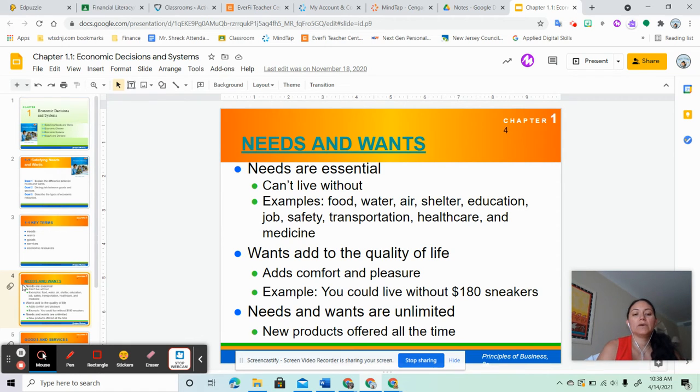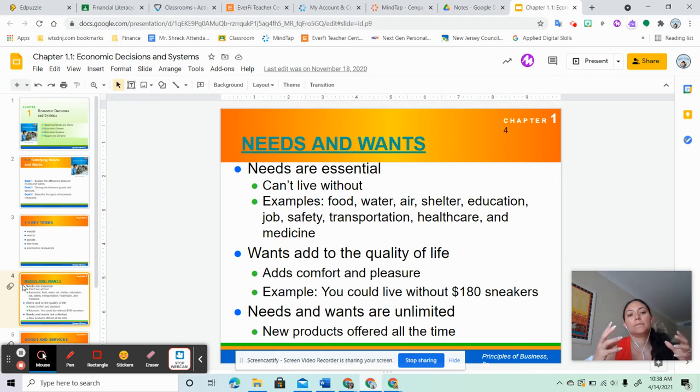So you may be wondering, well, how does this tie into principles of business and the economy in general? We will get into that later on, but pretty much the same way we personally make decisions with our money, as far as budgeting, setting financial goals, saving or investing, or how do we decide where we're going to put our money, governments do this at a larger scale for their population.